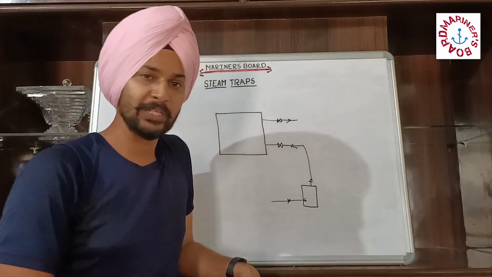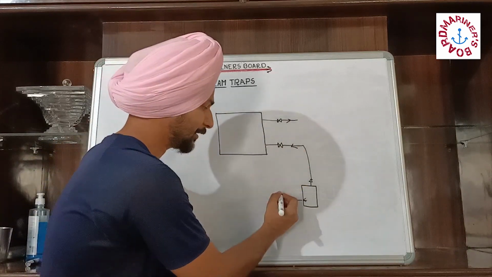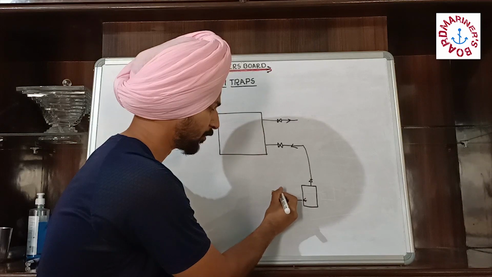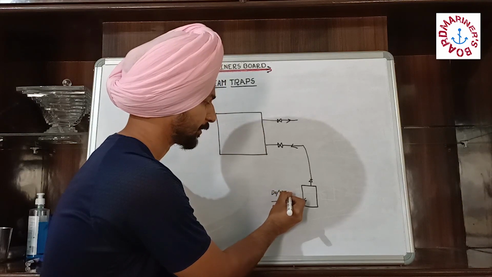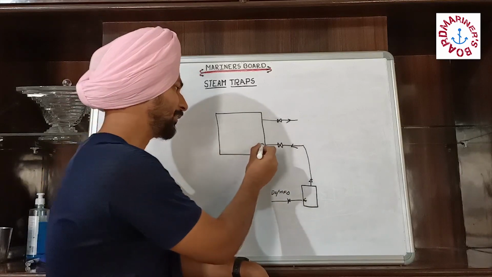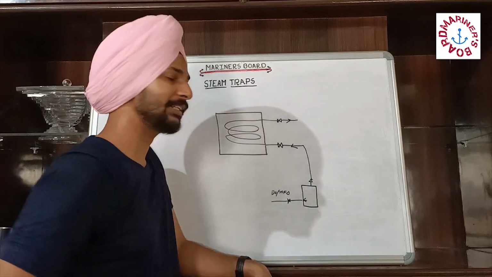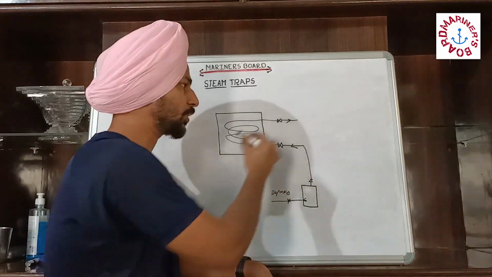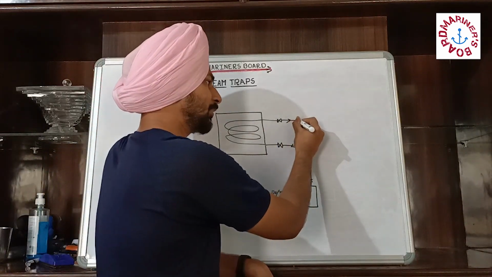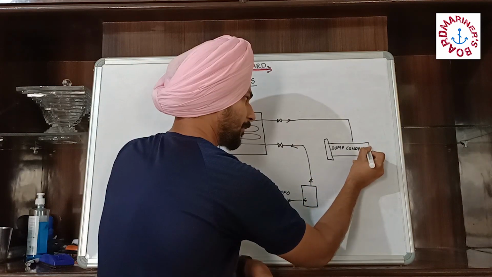So the steam is being produced in the boiler by burning fuel. Let's mark it diesel oil or heavy fuel oil. The steam is going inside the tank. After making the rounds in the tank, it is going out to the dump condenser.